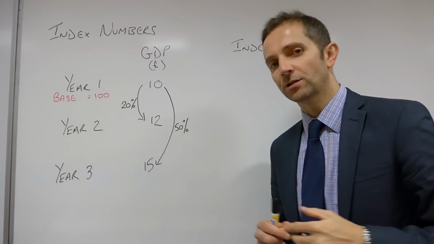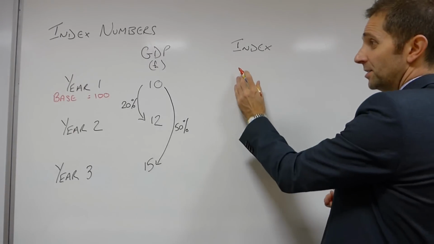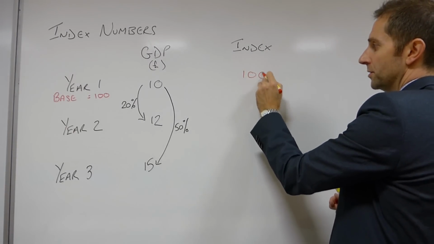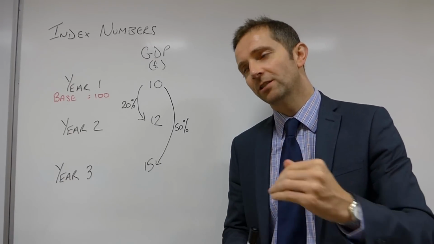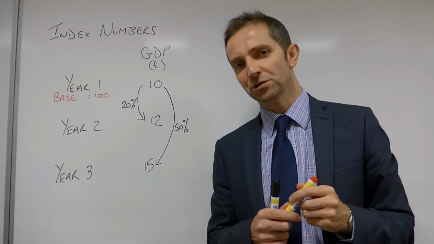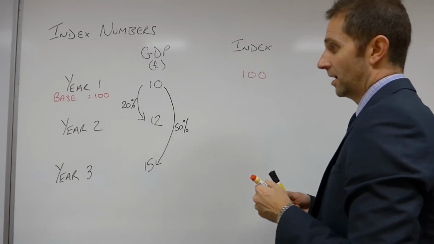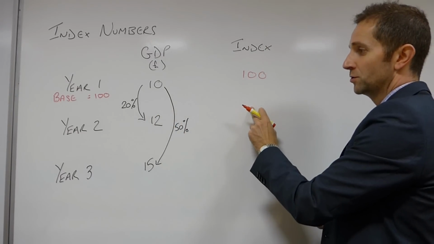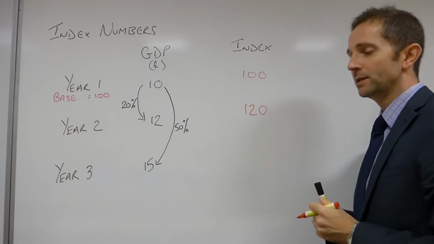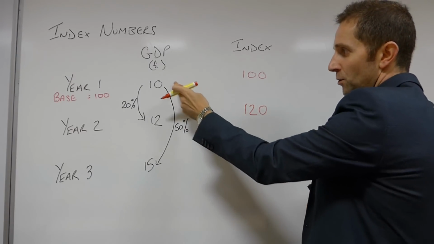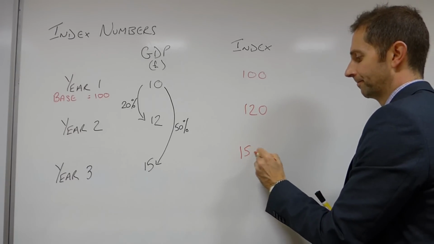And so when I'm starting to form my index number, I can simply write in here 100 because that is the base year. That is the point from which I'm going to start calculating any percentage changes. We already know that this is 20%, and therefore all we do is we add 20 to 100, and so the new index is 120. We know that from year 1 to year 3 it's 150.